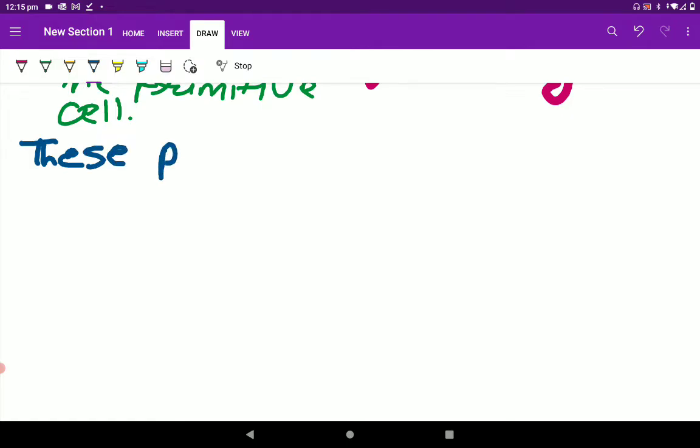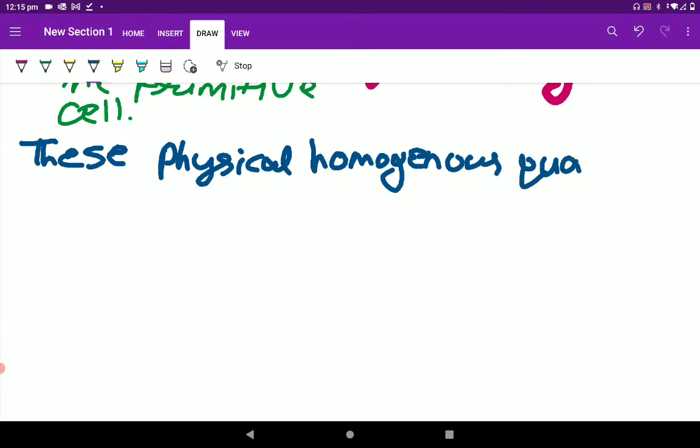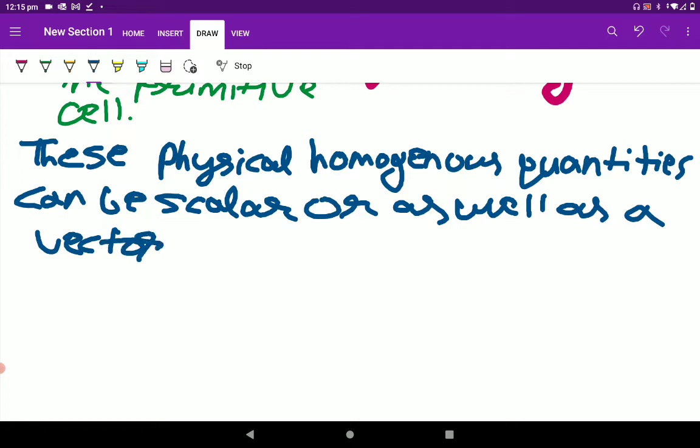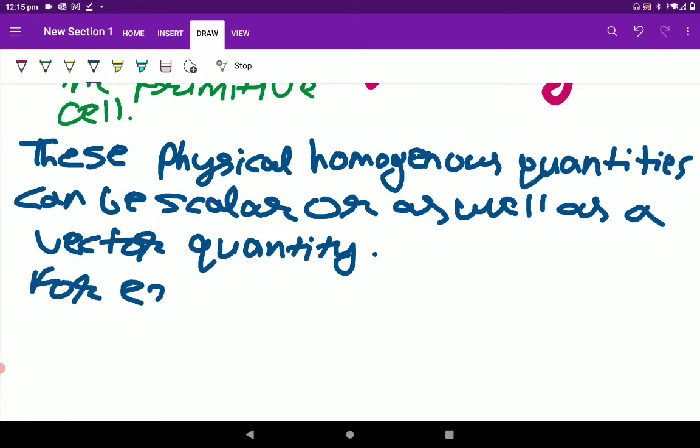These physical homogeneous quantities can be a scalar or a vector quantity. For example, the polarization vector.